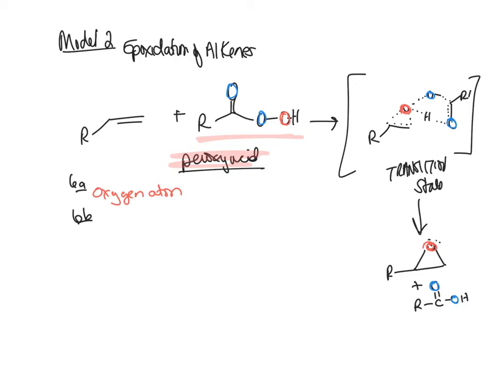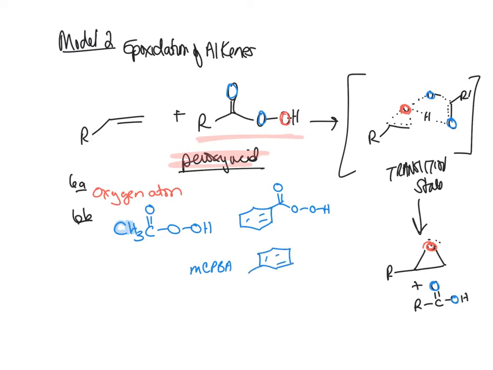You might want to put this in your notes, you might see something like this, or perbenzoic acid. Sometimes you have perbenzoic acid as a common one. My favorite, metachloroperbenzoic acid. I think it smells like freshly cut green grass.